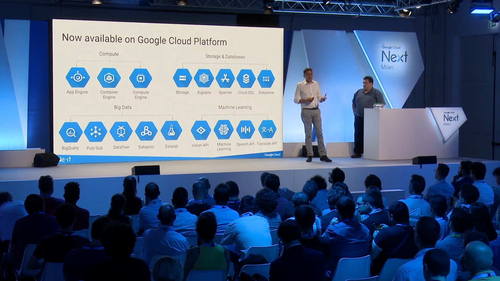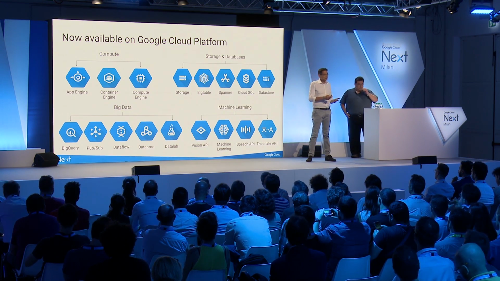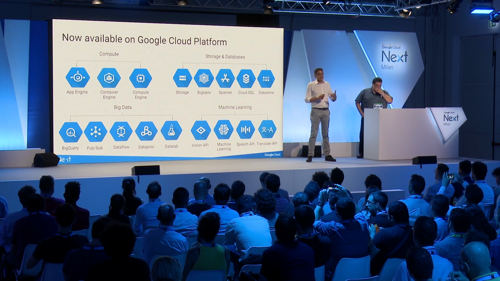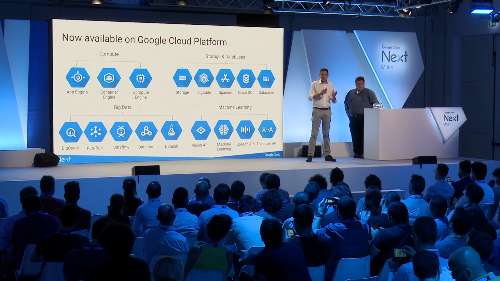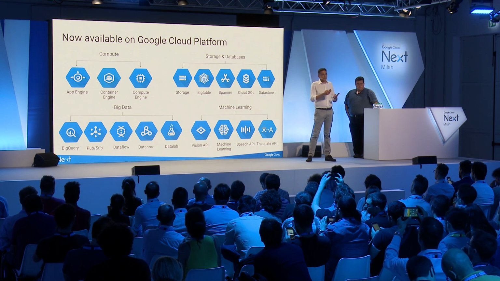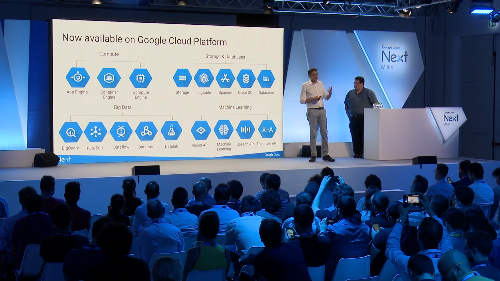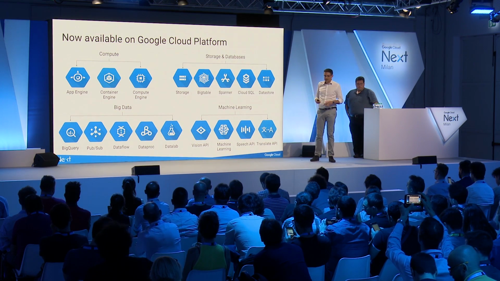And in Google Cloud Platform, you find the same technologies, productized as a service for customers, that you see here, divided in compute services, database services, storage services, machine learning, and big data.